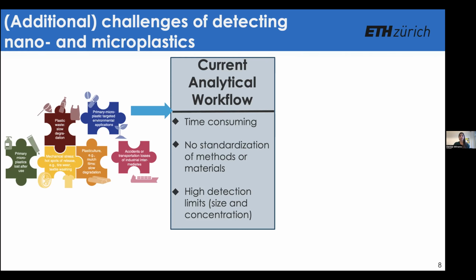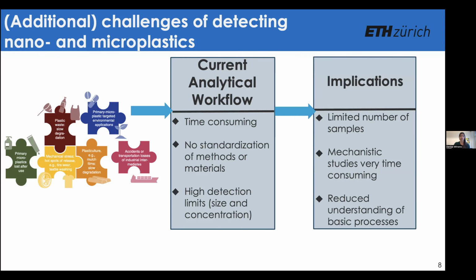This has a few implications about what we can find out about microplastics and nanoplastics. Firstly, because the analytical workflow is time consuming, we can only take a limited number of samples in the field or in the laboratory. And this gives us not a very good temporal resolution about what is happening, but we also can't test everywhere geographically to see where the particles are.